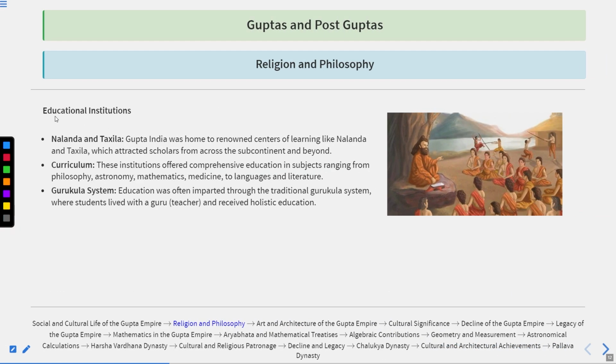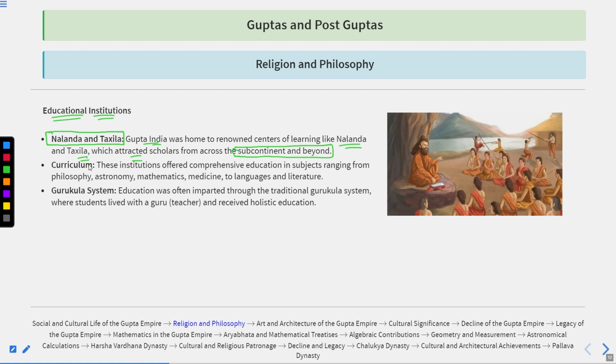Then, the educational institutions that existed there. First was Nalanda and Takshila. Gupta India was home to renowned centers of learning like Nalanda and Takshila, which attracted scholars from across the subcontinent and beyond.